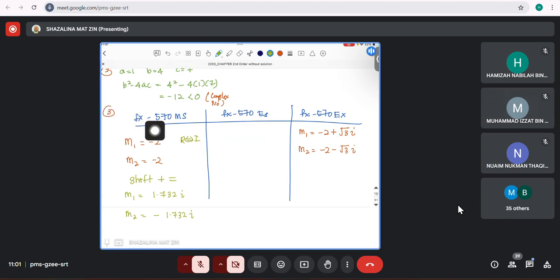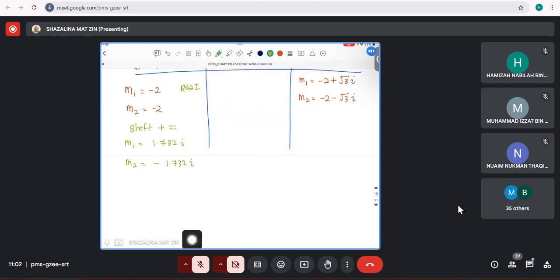So for 570MS users, the first time you enter the values of A, B and C, M1 equals -2, M2 also equals -2. When you press shift and equal at the same time, the calculator will give you M1 is 1.732i, M2 is -1.732i.